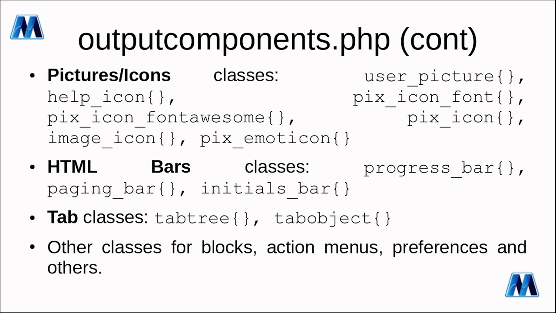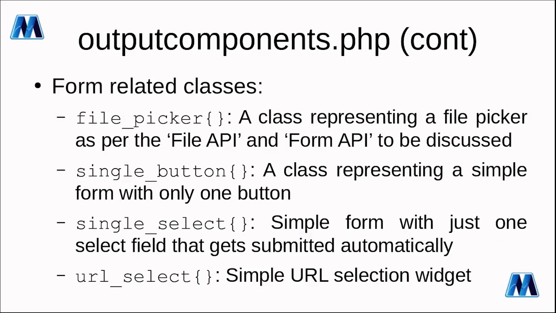So we have a number of general functions, for example, things to work with pictures and icons, so you can get the user picture, get help icons, etc. HTML bar classes, so progress bar, paging bar, etc. Tab classes, tab tree and tab object, and other classes for blocks, action menus, preferences, and all that other kind of stuff. Form related classes, we've got file picker, which we will discuss again later. It will come up again. There's a massive overlap with File API and Form API with File Picker.